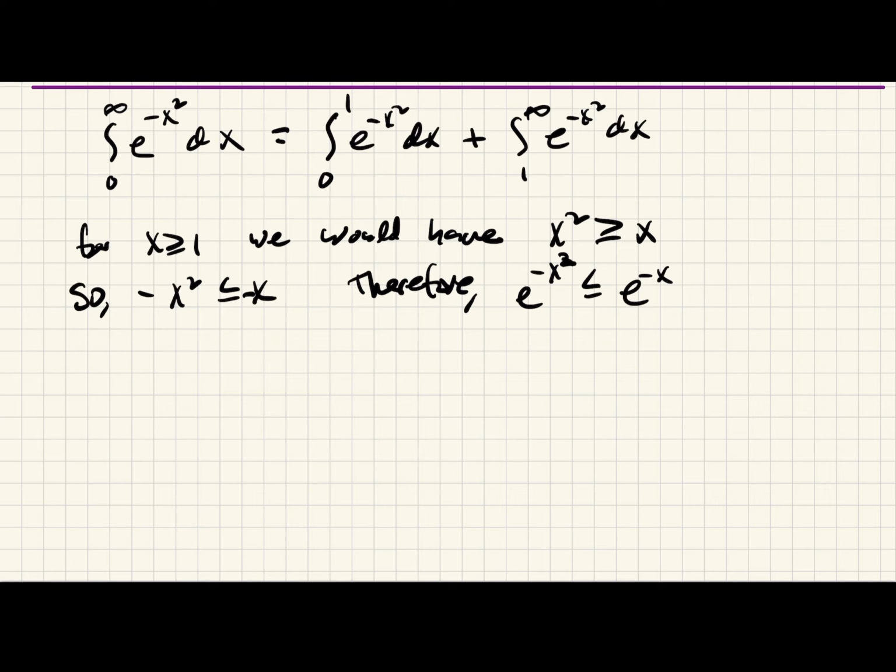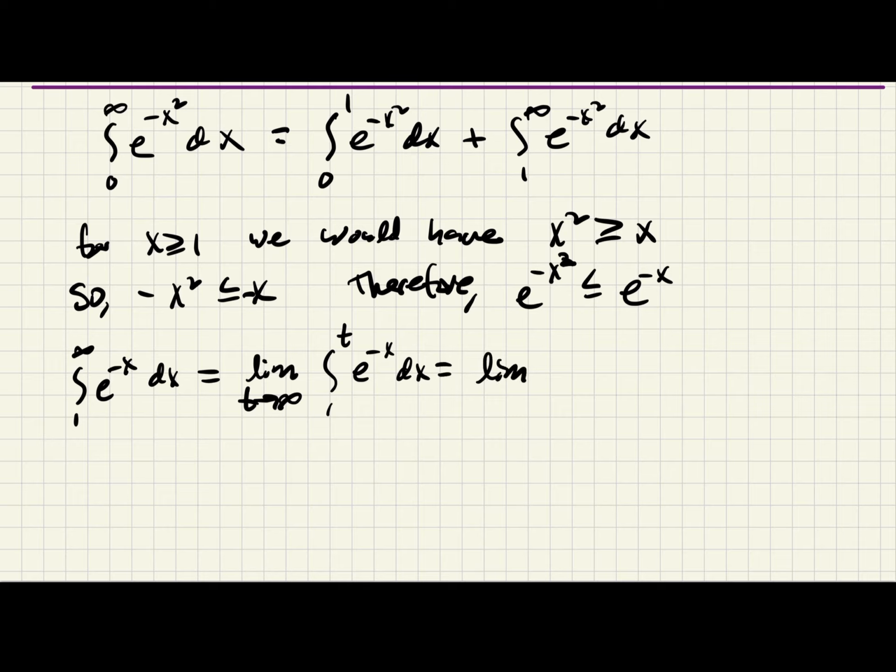So on the interval from 1 to infinity, now I'm looking at e to the minus x dx, right? The integral of e to the minus x dx is equal to the limit as t goes to infinity of the integral from 1 to t of e to the minus x dx, equal to the limit as t goes to infinity of e to the minus 1 minus e to the minus t.